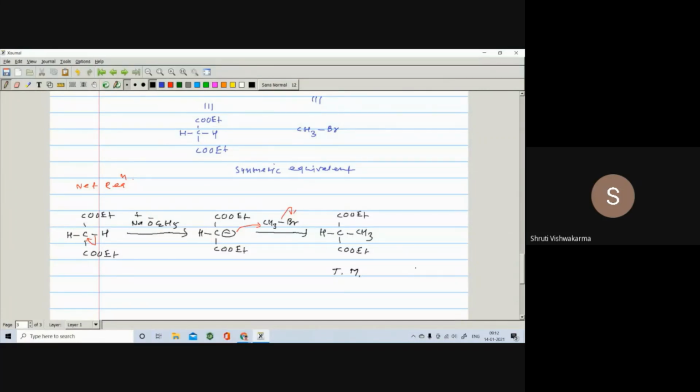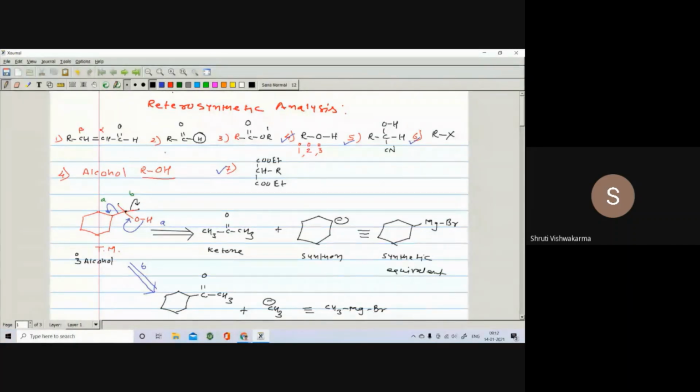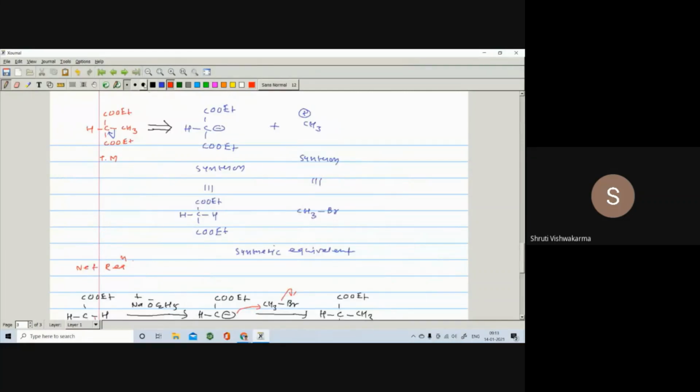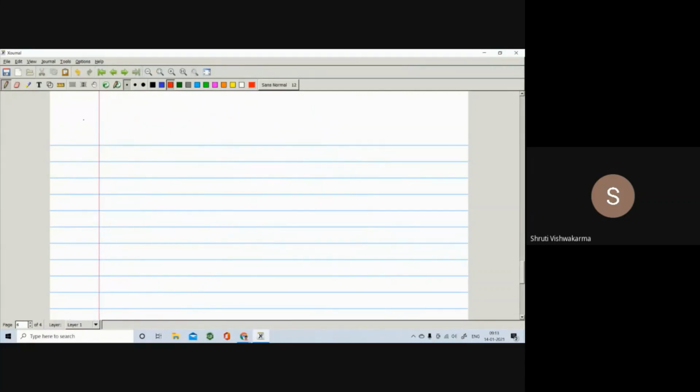Okay, and the last example is your benzoin condensation. Number 8 example. So there are 8 examples in the retrosynthetic analysis for your syllabus. So the last example is benzoin condensation. Here is C, H, OH, C double bond O, and here is Ph.